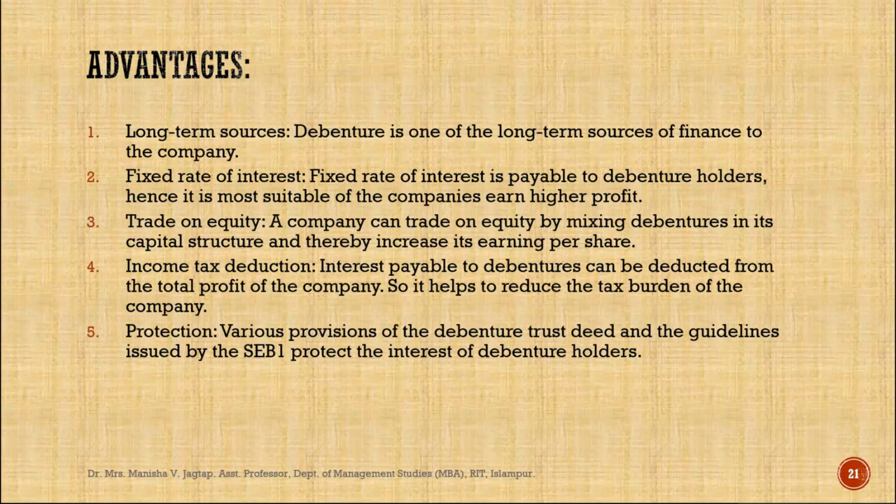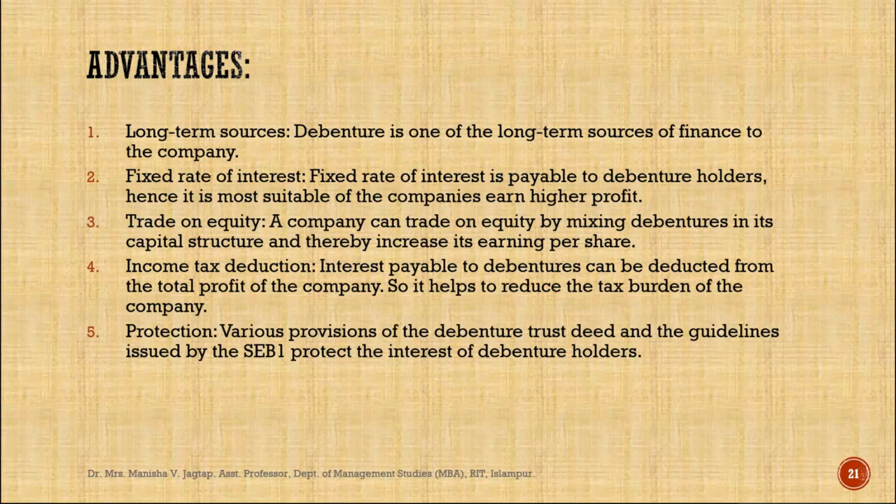Second is fixed rate of interest. A fixed rate of interest is payable to debenture holders. Hence, it is most suitable for companies earning higher profits, and compared to other forms of lending, debentures tend to be cheaper.